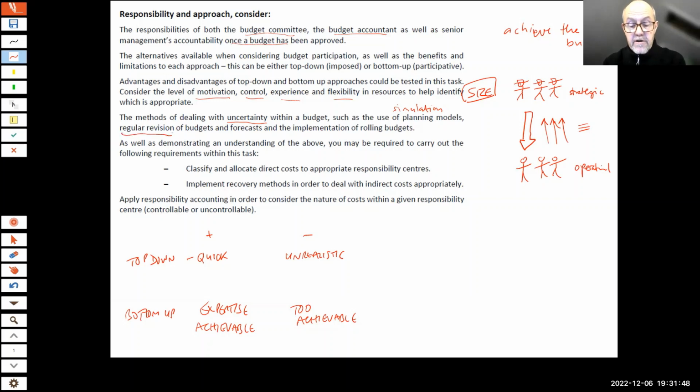Regular revision of budgets and the implementation of rolling budgets. A fixed budget. What if your company launched a fixed budget for anything to do with energy in January of this year?